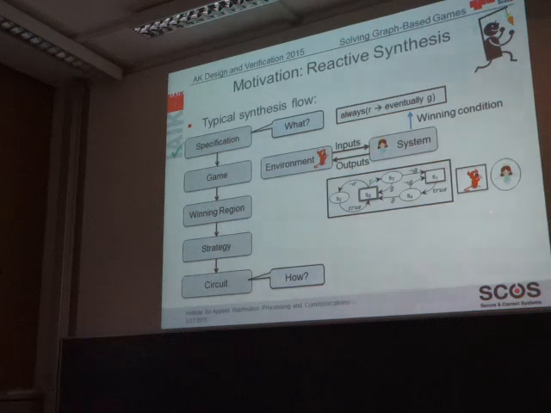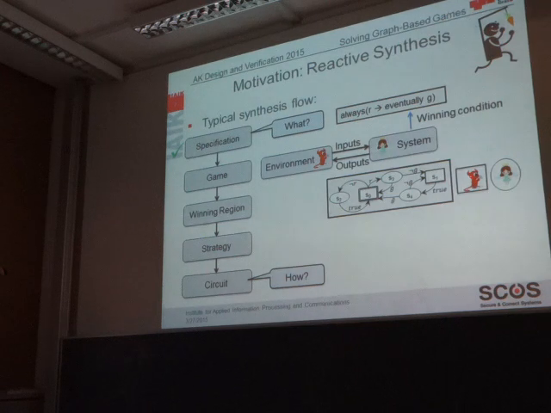Intuitively, the choice of the evil environment player in such a box state always corresponds to picking one of the inputs. For this example specification here, R would be an input and G would be an output, so the specification would say, at any point in time, if the request input is set, then at some point in the future some grant output needs to be set. And this game actually matches exactly this specification here.